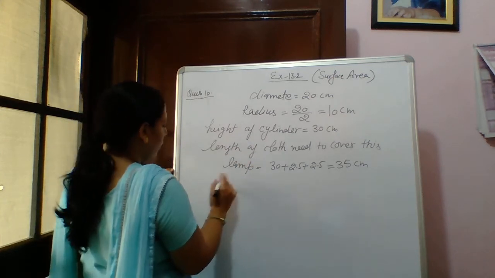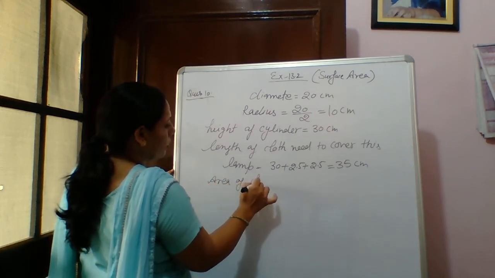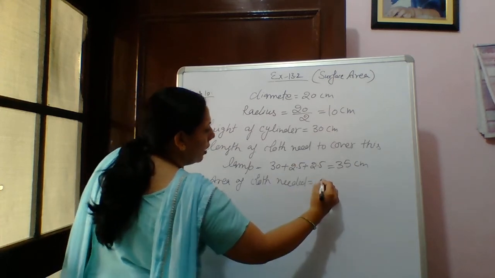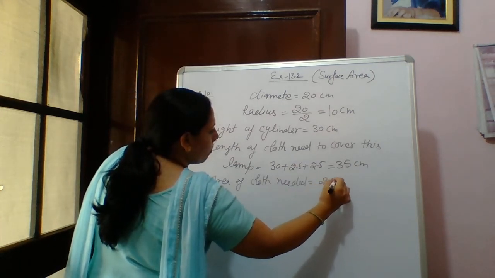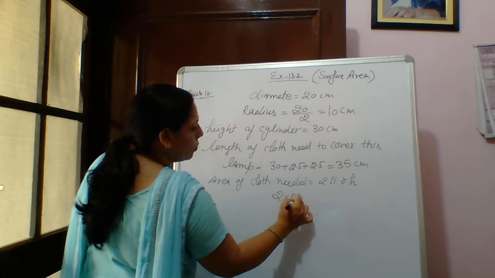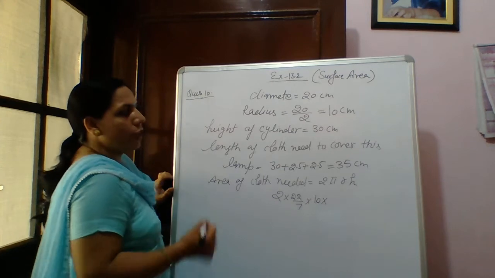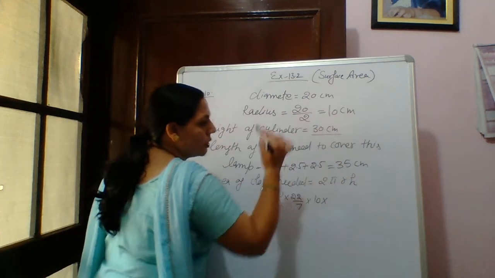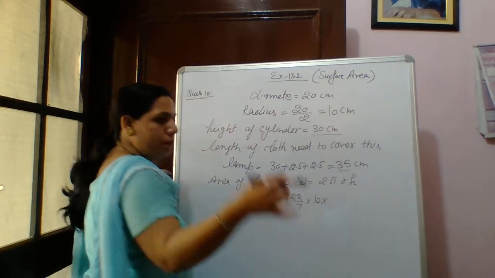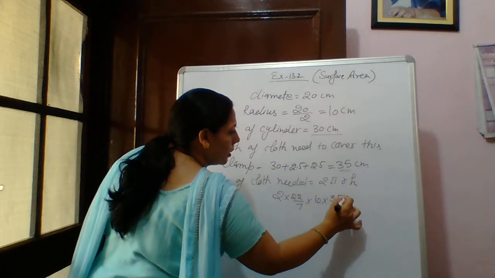Now you can write here area of cloth needed equals 2 pi r h, and 2 into 22 by 7 into r, that is 10, and at the place of h you can't use this 30 centimeter, you have to use this one, 35 centimeter, because of the margins our height has increased, that is 35.